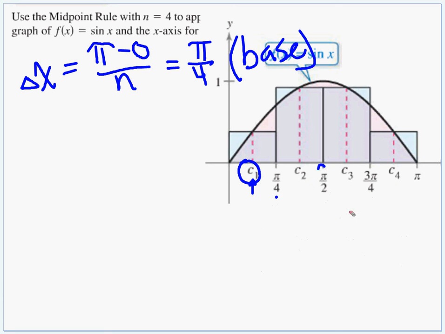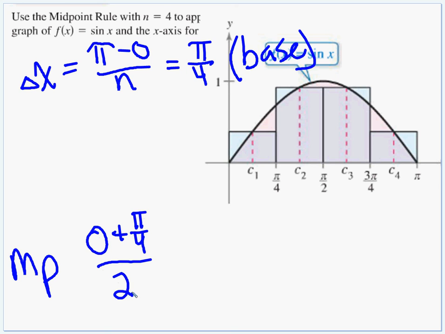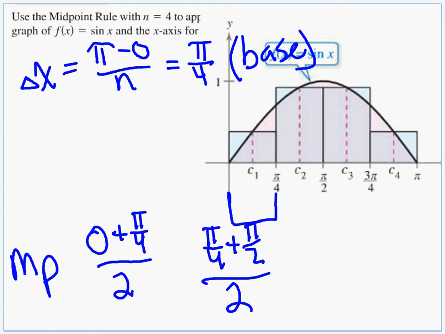So we can get them graphically by looking at the picture, or you could find each midpoint. Midpoint is going to be your left endpoint 0 plus your right endpoint pi over 4, cut it in half. Our next one would be pi over 4 plus pi over 2, cut it in half. And then we would do pi over 2 plus 3 pi over 4, cut it in half.